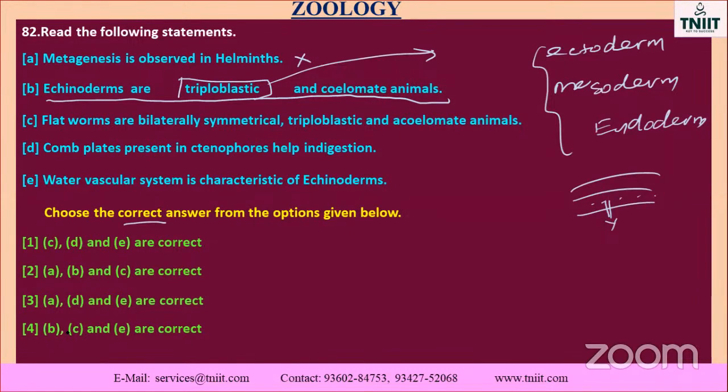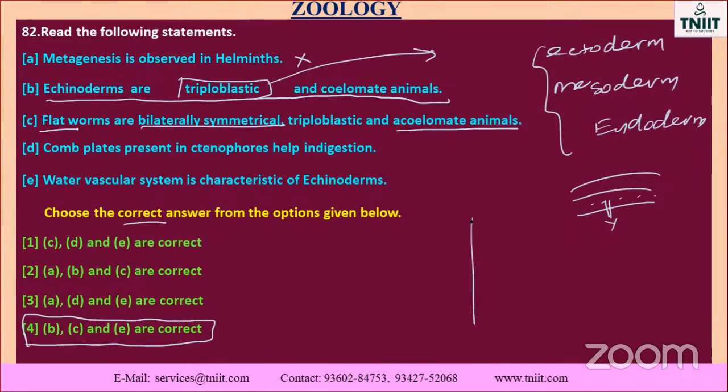Okay, the B, where is the answer? Here the option is the last one. And what about C? Flatworms are bilaterally symmetrical. Flatworms are bilaterally symmetrical only, triploblastic and acoelomate animals. Don't forget, my dear. Flatworms, for example tapeworm, liver fluke, are all flatworms.